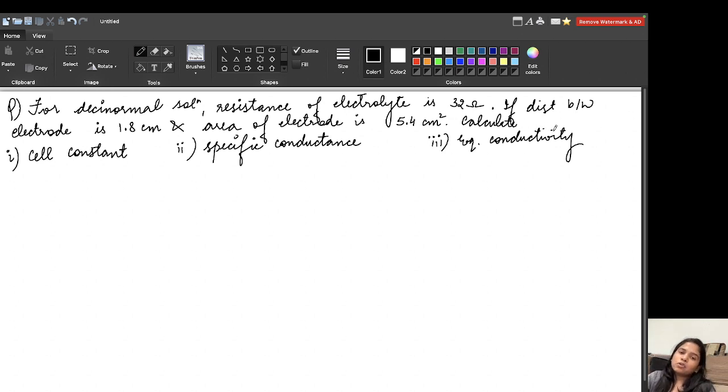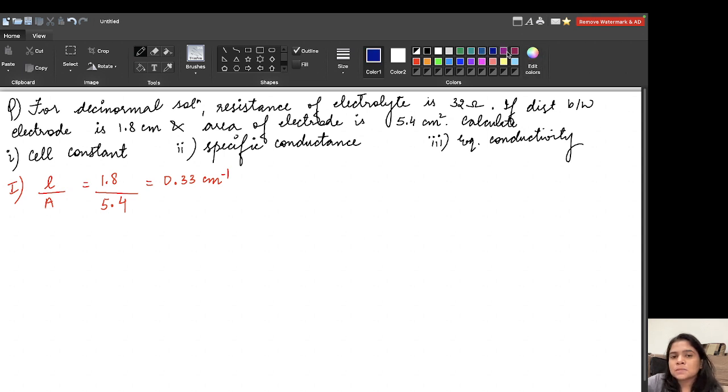Now you know cell constant was equal to L by A, right? First we need to find the cell constant. Cell constant was L by A. Simply divide it, 1.8 divided by 5.4. So you will be getting 0.33 centimeter inverse.